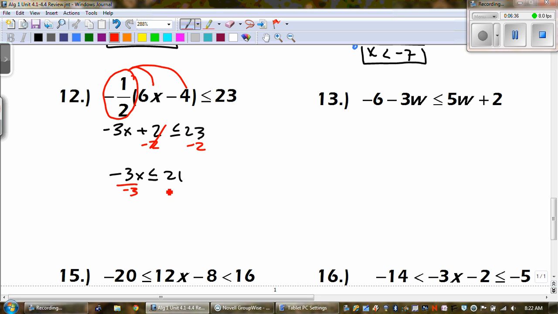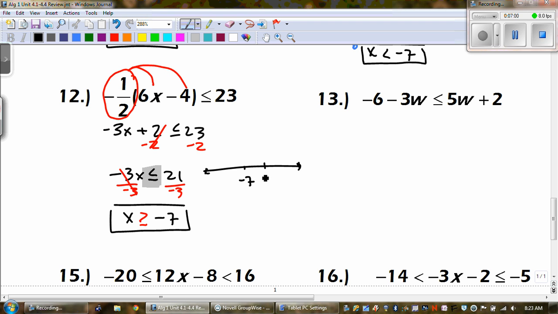And then to get the x by itself, we divide by a -3. 21 divided by -3 is -7. We just divided by a negative, so we flip the sign. x is greater than or equal to -7. So we got -7, -6, -5, -8, and -9. We are closed at -7, and we want to shade everything to the right because it is greater.